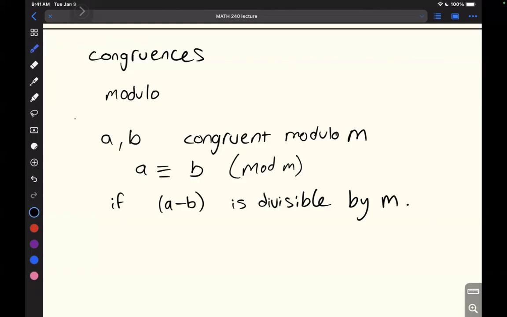And so, for example, as examples, notice that 16 is going to be equivalent to 6 mod 5. 16 is equivalent to 6 mod 5.